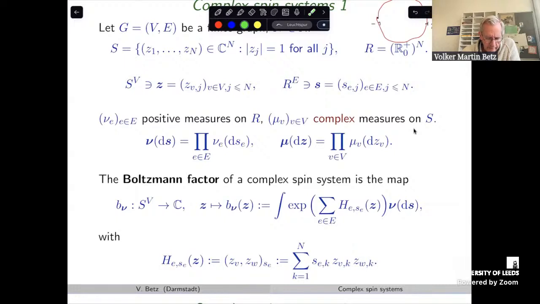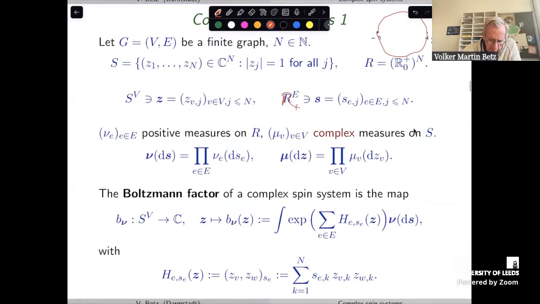And that should probably be, sorry about that, that should be just real numbers here. So R plus. So I really want them to be non-negative.